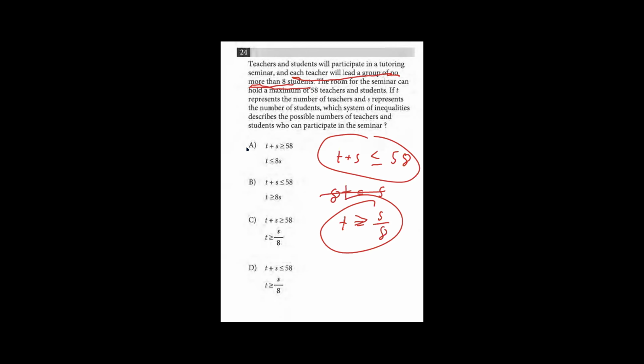If we look at the answer choices, this one is greater than or equal to when we want less than or equal to. This is less than or equal to, so that's fine. This is greater than or equal to, which we don't want. And this is less than or equal to, which is fine. And then for the other equation, this is 8s, which we don't want. We want s over 8, so the correct answer is D.